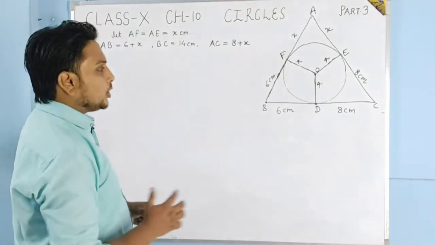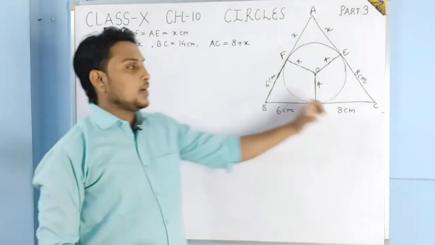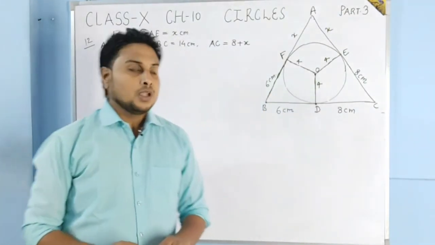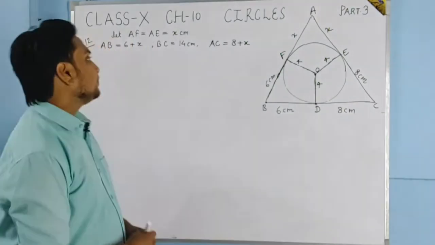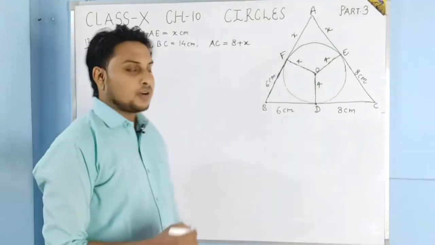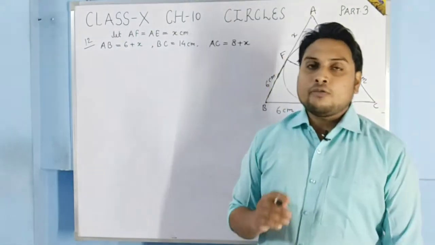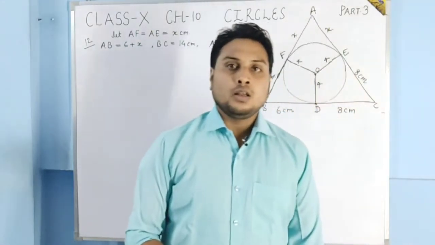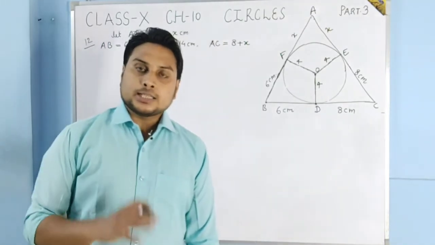In the question, it is asked to find the lengths of AB and AC. So students, how will we find that? Let us see. Here we will use the concept of area of a triangle. For finding the area of a triangle, whatever method you apply, you will get the same result.